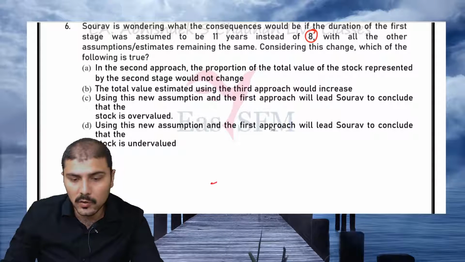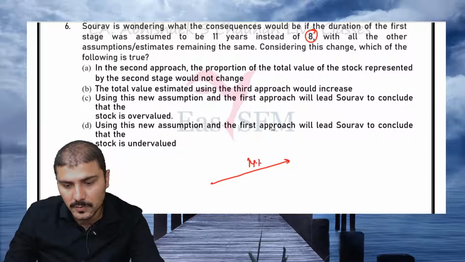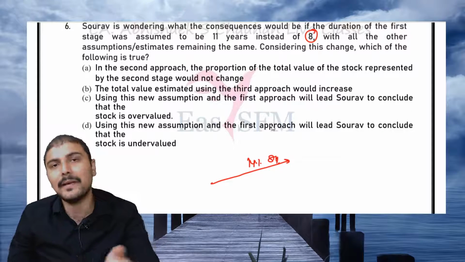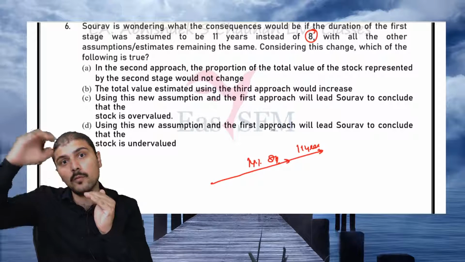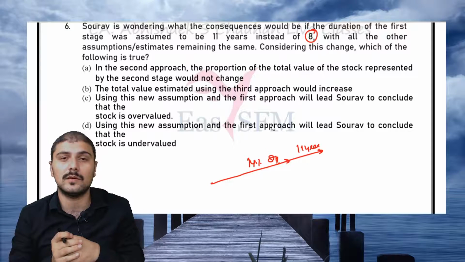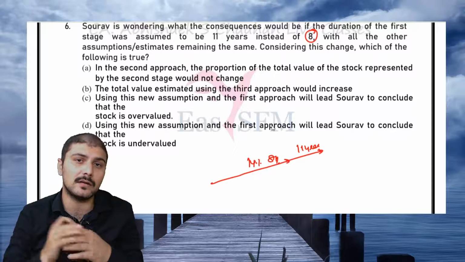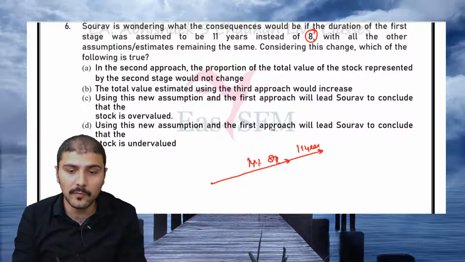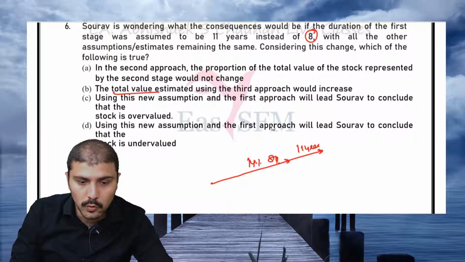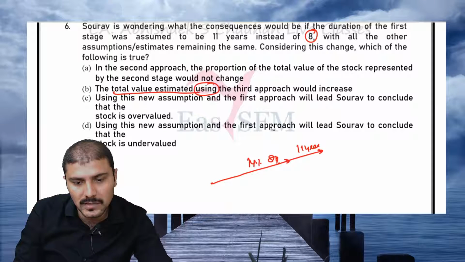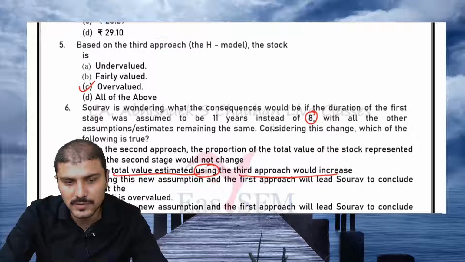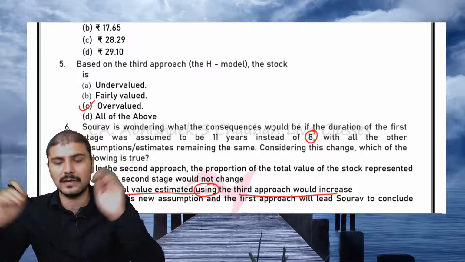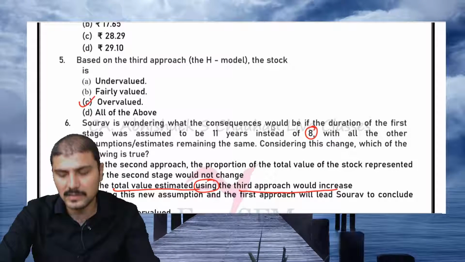If the growth rate that we assumed will be 14% for 8 years, in place of that, if we assume that the growth rate of 14% will be for 11 years, the share will grow at a higher rate for a greater period of time, then obviously the total value estimated using the third approach would increase. The third approach uses the H model, that is linear declining. Then in that case, the value will be more.